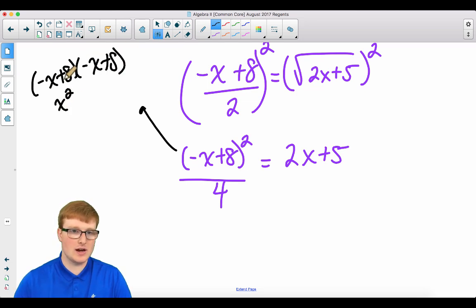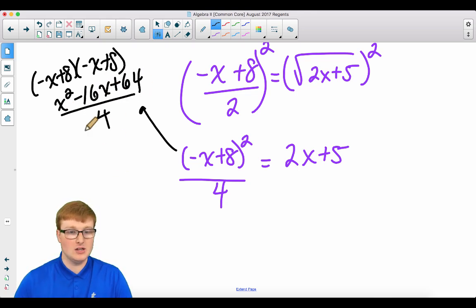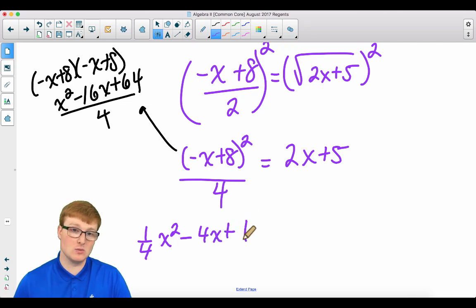That's going to be x squared minus 16x plus 64, all divided by 4. So this can be rewritten as 1/4 x squared minus 4x plus 16, since 4 goes into 64 sixteen times. That equals 2x plus 5.